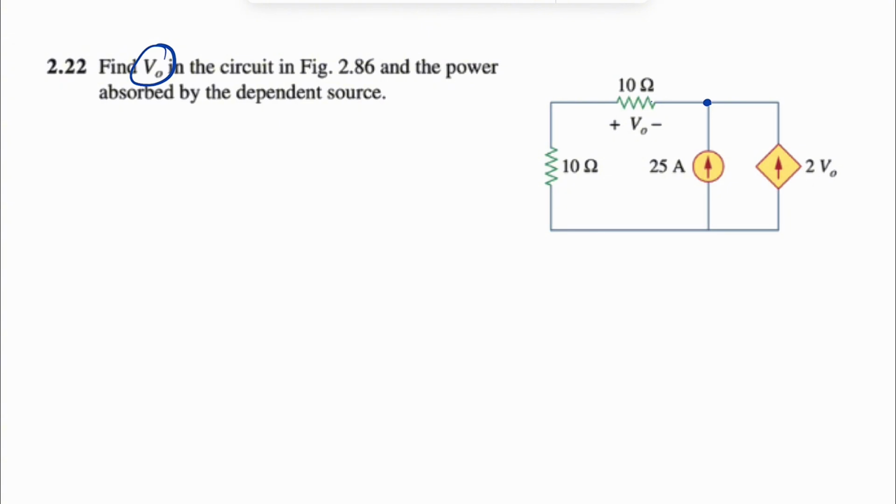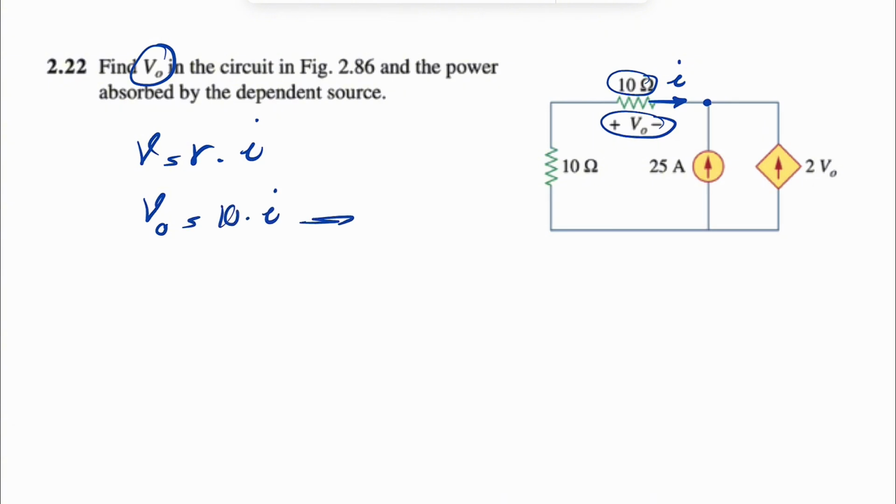We can assume a direction for the current in here. Let's just call it I. Knowing that we have the information about the voltage and the resistor, the current in that resistor, again, V is equal to R times I. V is V0, R is 10, so our I would be V0 over 10.